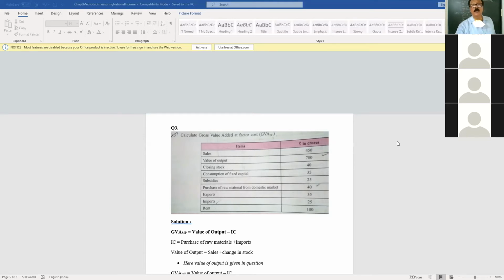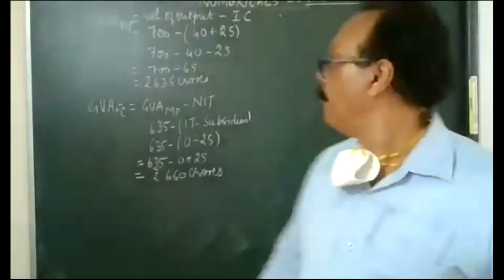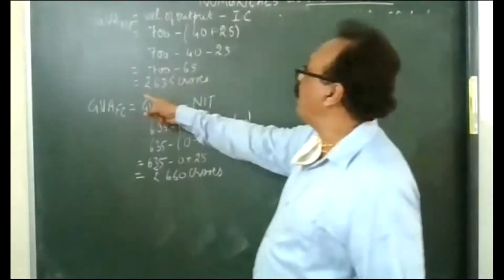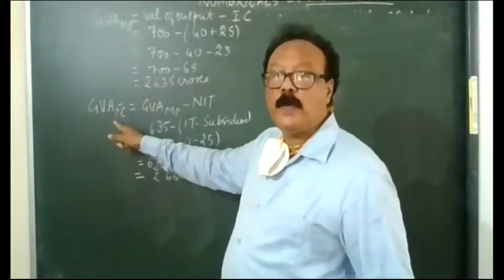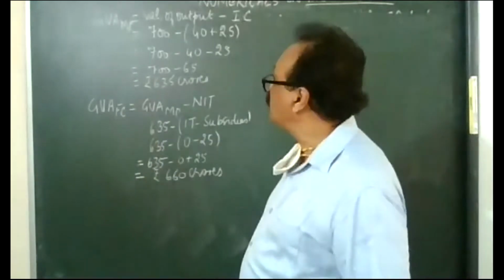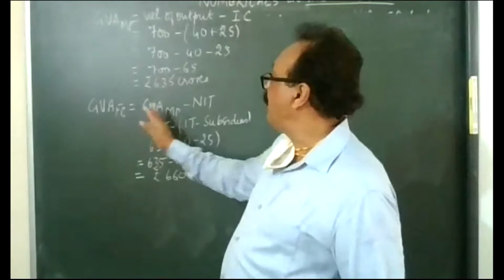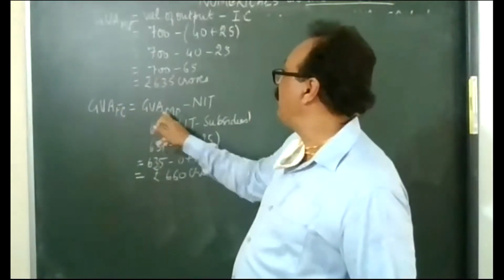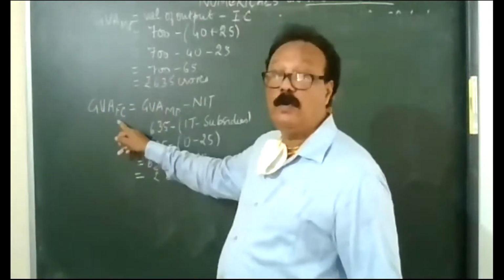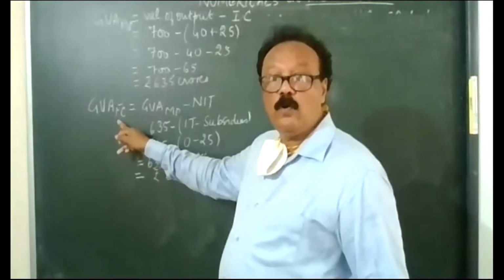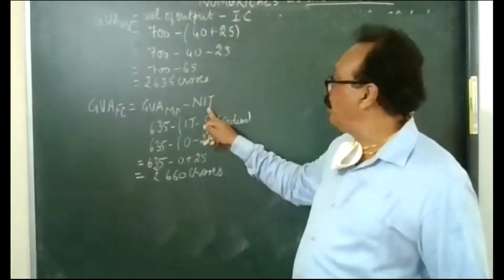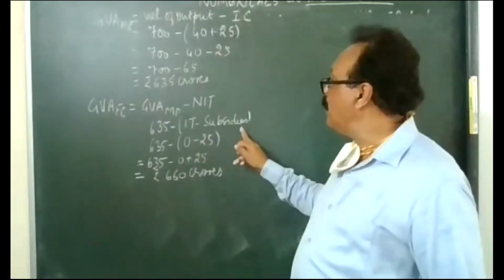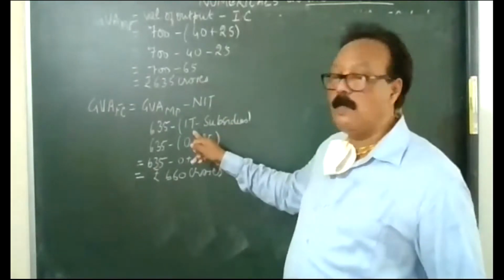Now, what do we see? We have gross value added at market price. We need to calculate gross value added at factor cost. All the three are the same. The difference is market price to factor cost. How do we go from market price to factor cost? By minusing NIT. What is NIT? IT minus subsidies. What all comes under IT?